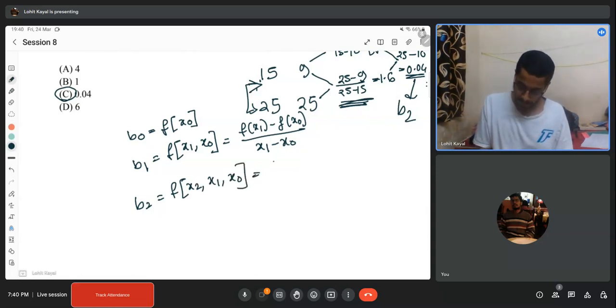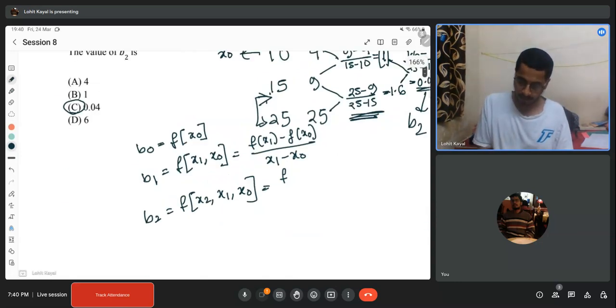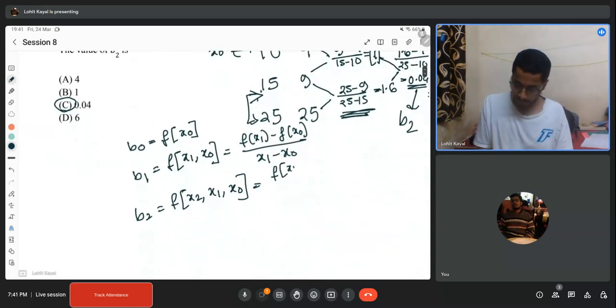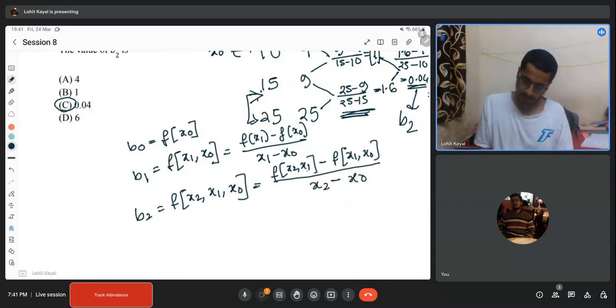It means that I can write it in this way: f x2 x1 minus f x1 x naught divided by x2 minus x naught, because this is one function, this is similar to another function, and the two limits are x2 minus x naught.